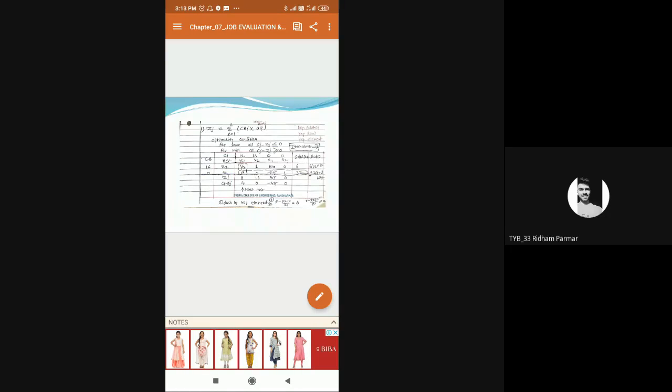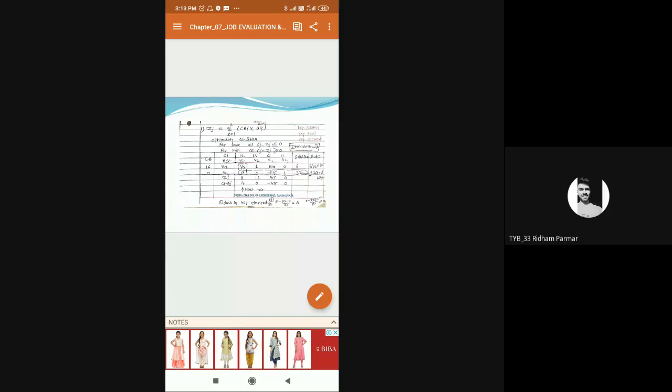You have to divide each element in that row by the key element. So 10 divided by 20 is 1 by 2, 20 divided by 20 is 1, 1 divided by 20 is 1 by 20, 0, next is 1, 120 divided by 20 is 6. So this is our first row.